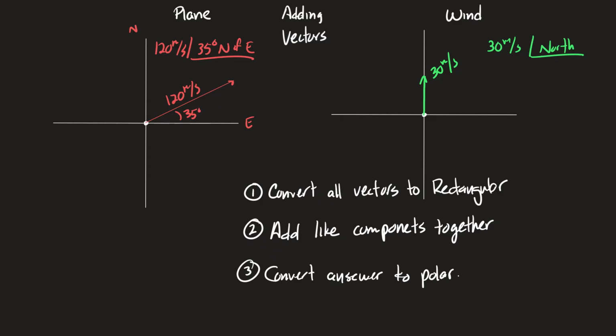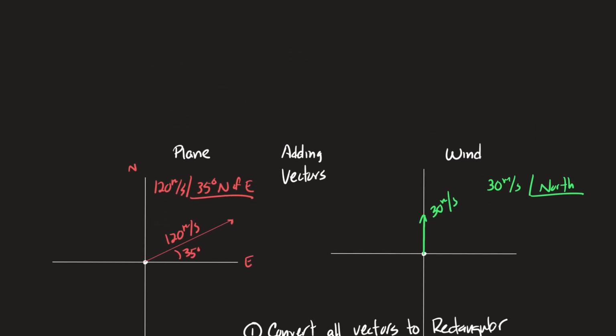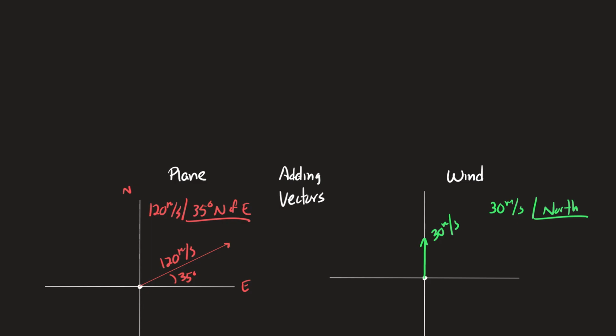Now, to do this together, I'm going to make a template. I would encourage you to consider a way that you would organize yourself, but I'm going to make a template. Here's what I think my template should look like. I'm going to write plane and wind. Those are the two vectors I have to deal with.